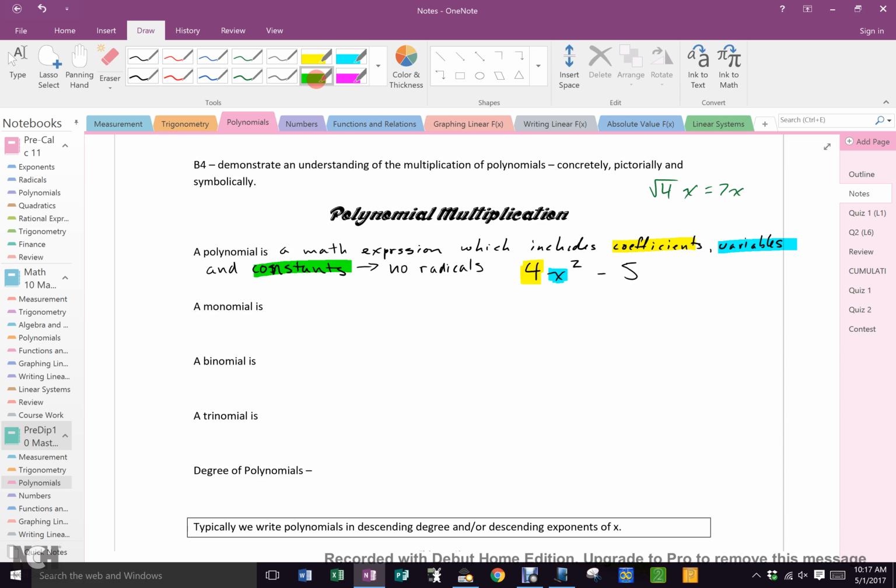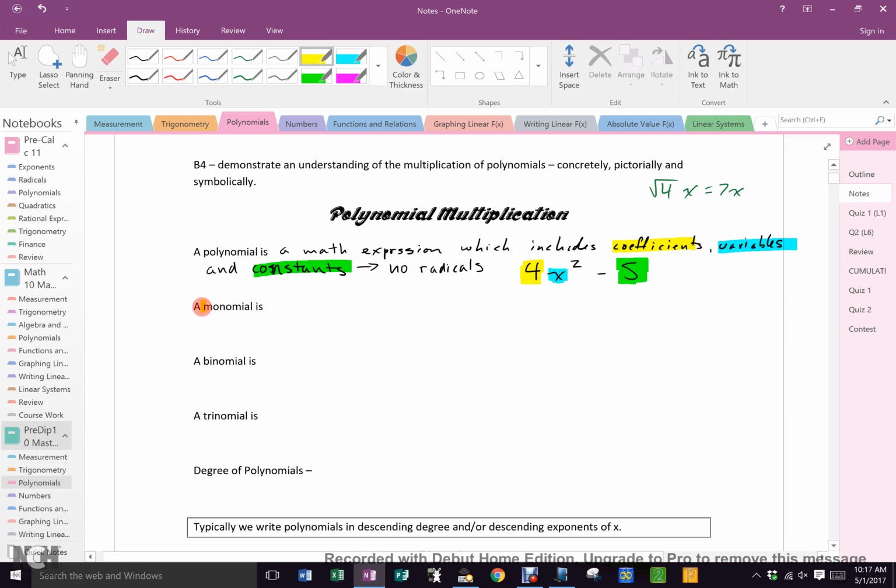What's the constant? Five. Because what is 5? It's nothing but 5. It's always 5. Therefore, it is constant. Okay? This 4's value depends on what x is, doesn't it? Right? Everybody cool? Okay.